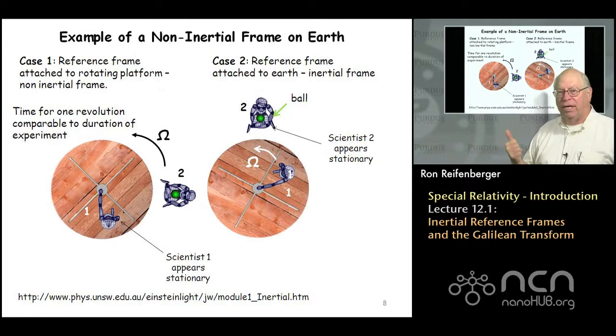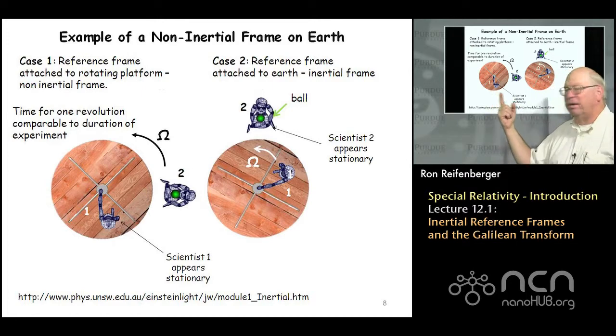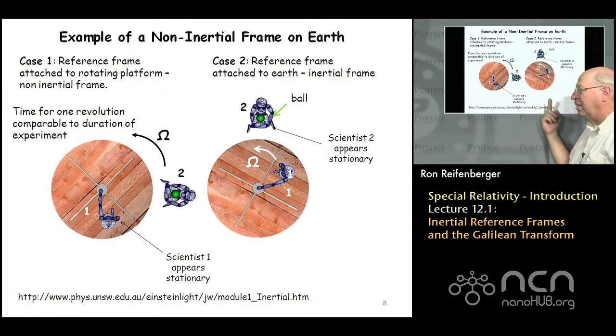That turns out to be a non-inertial reference frame, because the platform is rotating and we're using it as a reference frame. The other possibility is to attach a camera to the Earth, which scientist number 2 is sitting on. Scientist number 2 will then appear to be stationary in this reference frame, and this reference frame attached to Earth is a very good approximation to an inertial reference frame.